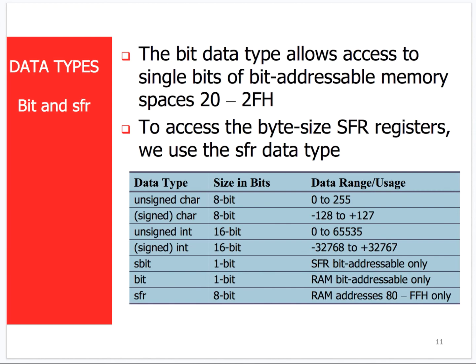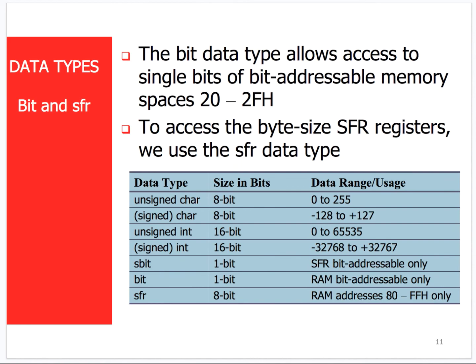Unsigned int, or unsigned integer, is 16 bits in size, with a data range of 0 to 65,535. Signed int, or signed integer, is also 16 bits in size, with a data range of -32,768 up to 32,767.